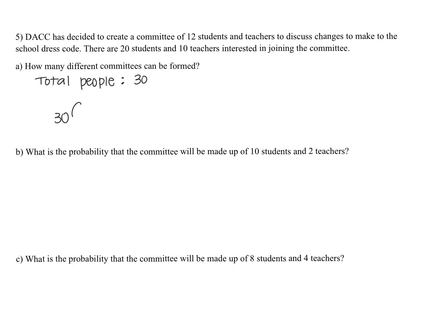So 30C12. So remember, the formula is n factorial, so 30 factorial, over r factorial, or k factorial, 12, and then n minus r factorial.